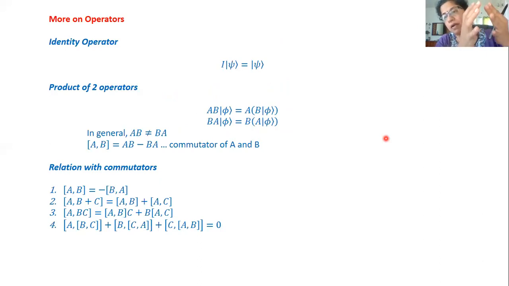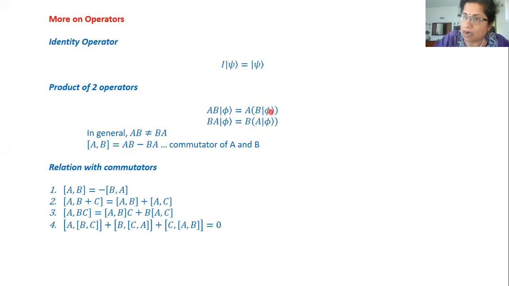Operators have to operate on wave functions. So always think of it as operating on a wave function. You need not explicitly write it, but it should be there in your head. So when I write AB, actually I mean AB operating on a wave function phi. And what does that mean? It means that this particular operator B, which is closest to the wave function, you will do first, which means that you will do B operating on phi.